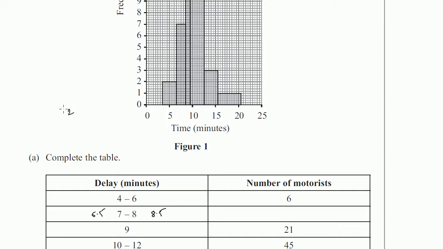So 2 is the class width, and the frequency we don't know. The frequency we have to find, and the formula is frequency density equals frequency divided by class width. So using this formula, we can easily find this.